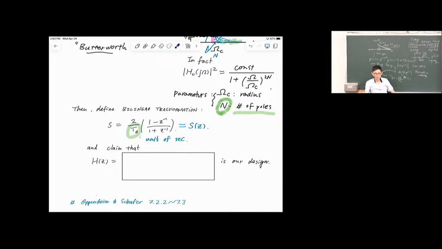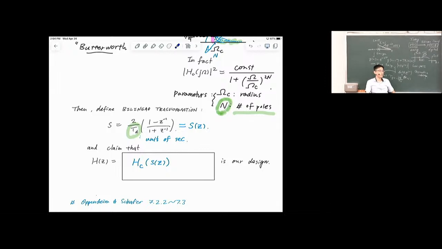But let me now mention that we claim that we can design a filter by borrowing an analog system function like that, and we claim that this already is our design.